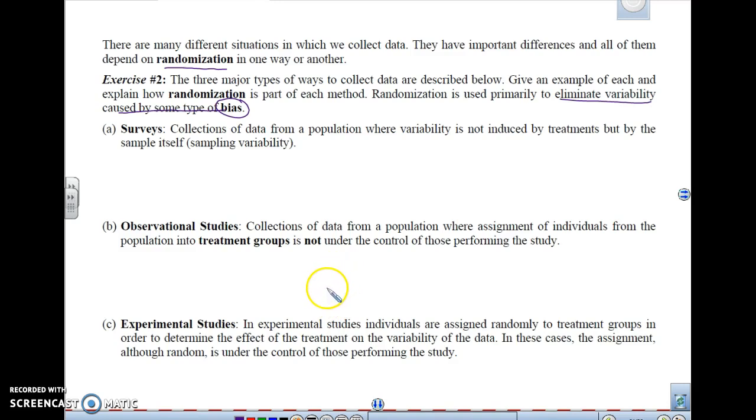All right, so let's take a look at a survey. Surveys are collections of data for a population where variability is not induced by treatments, but by the sample itself, which is sampling variability. So basically, if you are looking at a marketing company looking at selling soda, they want to know what soda is preferred.